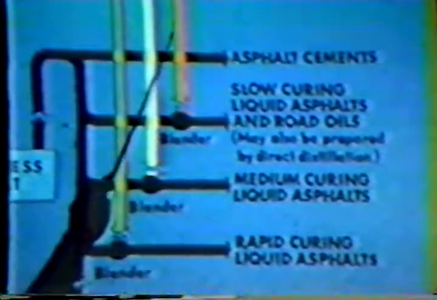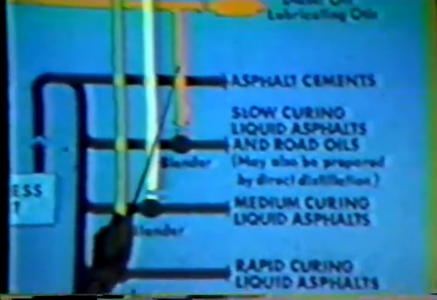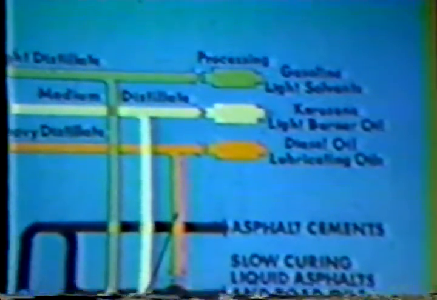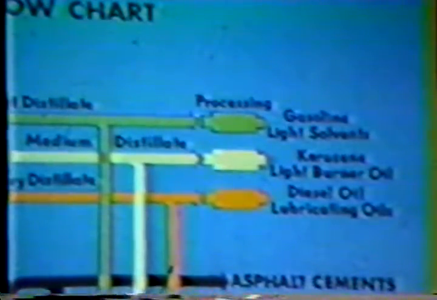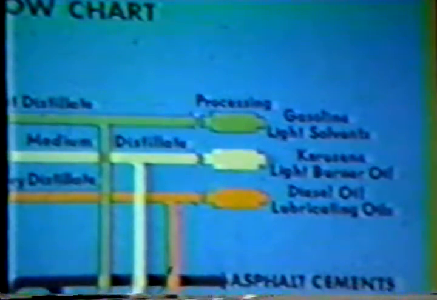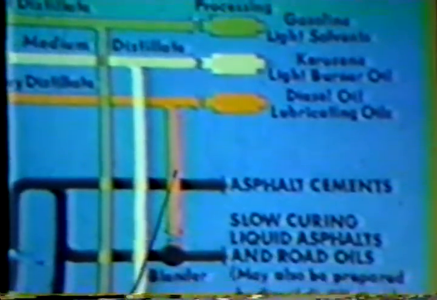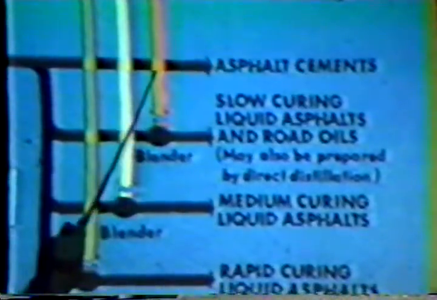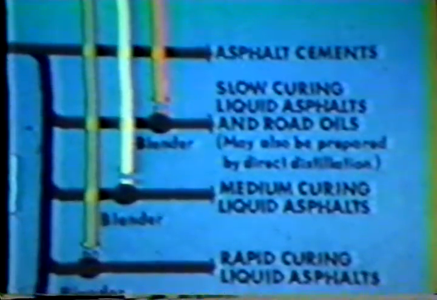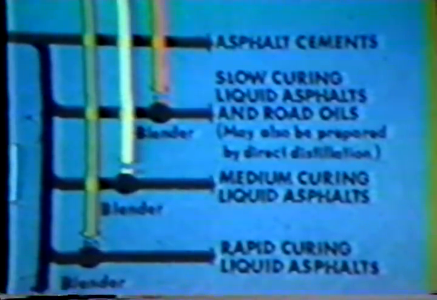And finally, if we're just going to go out and take our dusty roads, as Lynn showed this morning, and want to put a little dust palliative on them, or we got a seasonal road that we want to road oil, as we used to call it, we want to put a fairly thin asphalt cut back with a very slow curing material, like heavy oil. In this way, it has time to lay on the dust and the gravel and penetrate down into it.